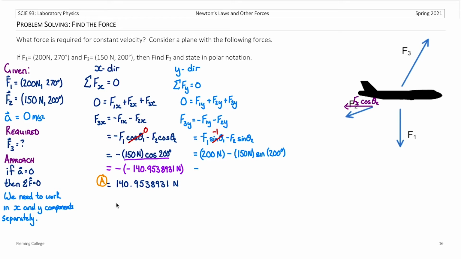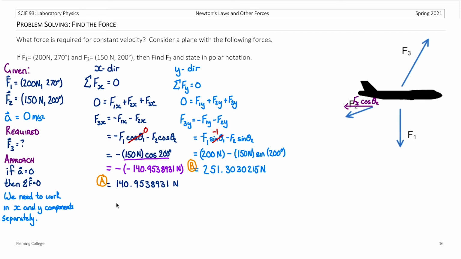And if you've completed the calculation on the Y components, you would have 251.3030215 newtons. Again, because I'm going to need this value, I will store it in the B memory bank. So these are our X and Y components of force number 3.